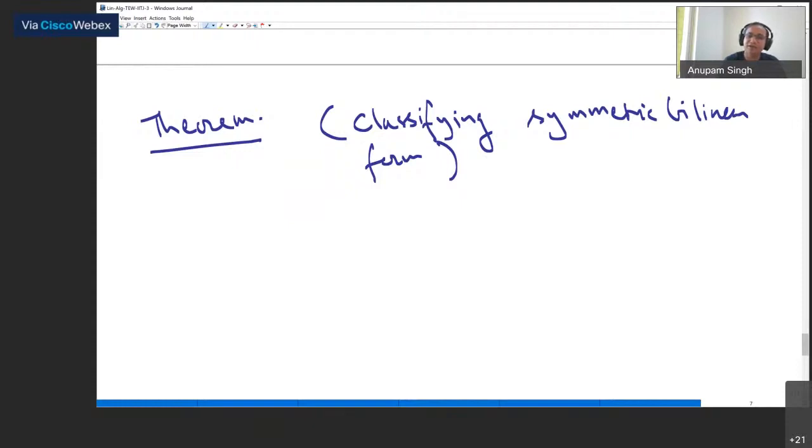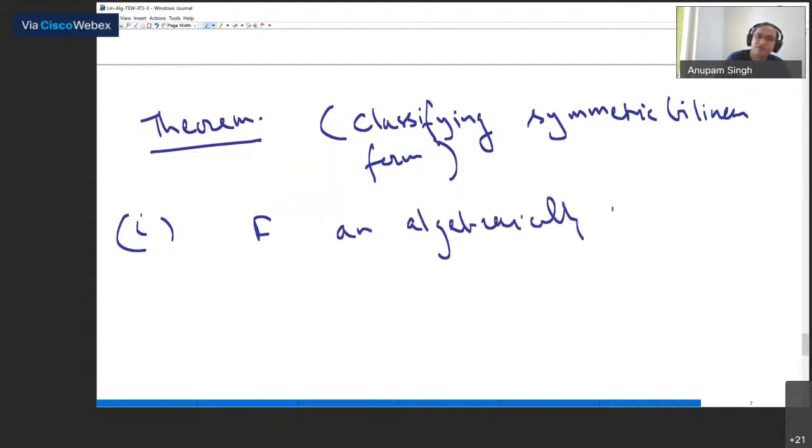In fact, let's write down one or two important situations, and then I will tell you a little more. So the first case is that let's take F an algebraically closed field. So what happens with an algebraically closed field?